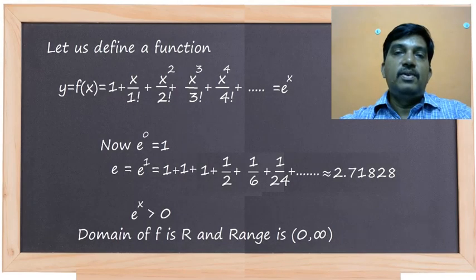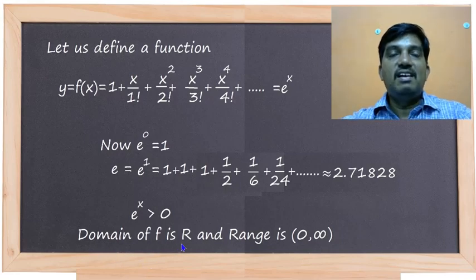Now, therefore, we can understand the domain of the function is R. E power x is defined for all real numbers, and the range is 0 to infinity, because it cannot be 0 and it is always positive. Remember the domain and the range of the function e power x.